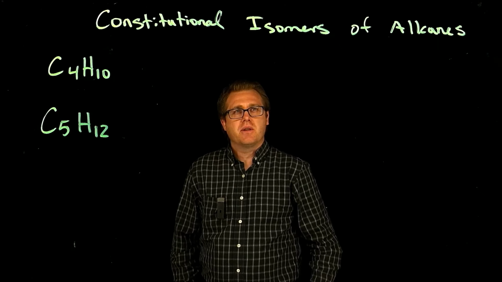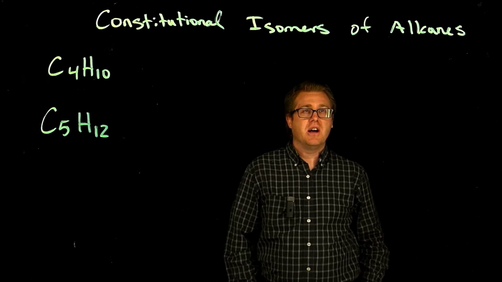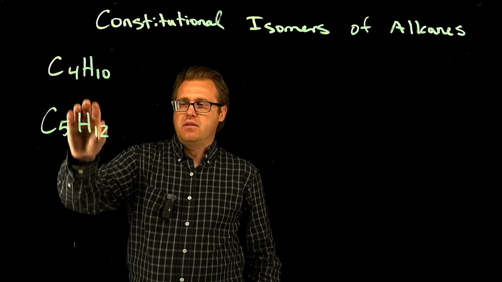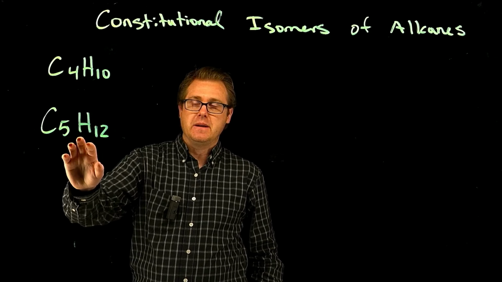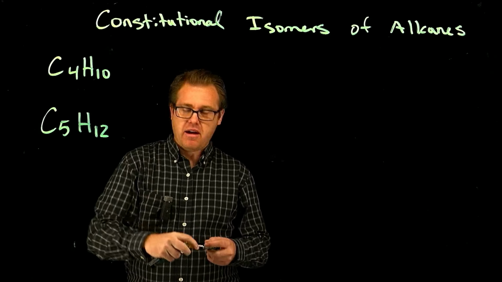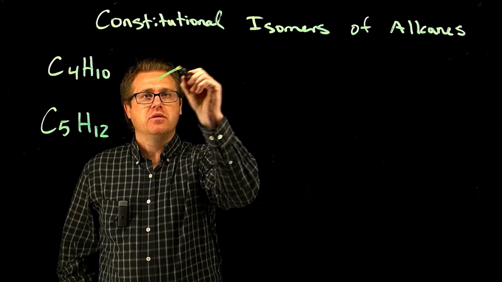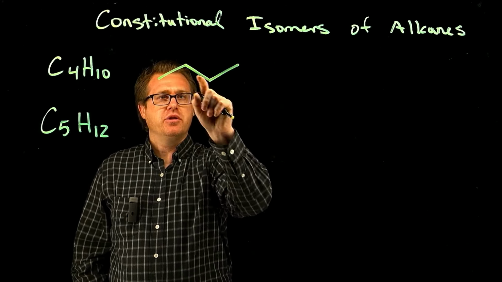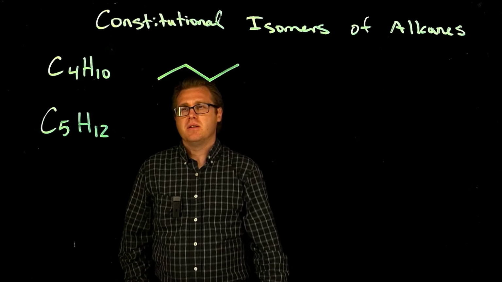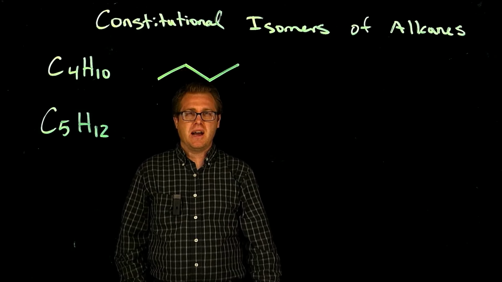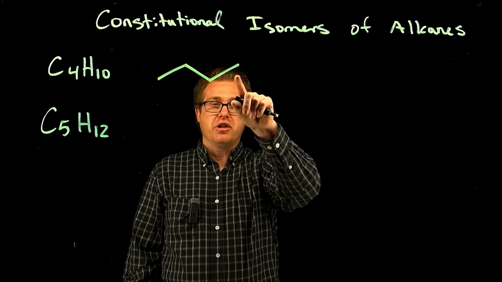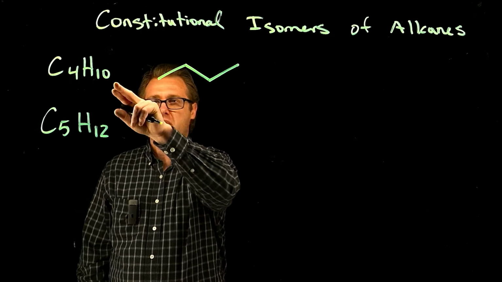Now we're going to shift our focus to what's called constitutional isomers of alkanes. Now we can have formulas for alkanes, okay? And I could take that formula right there and draw that molecule. There's 1, 2, 3, 4 carbons, and then there's 10 hydrogens. But then what is a constitutional isomer? Well, I can draw another molecule with the same amount of carbons and hydrogens.